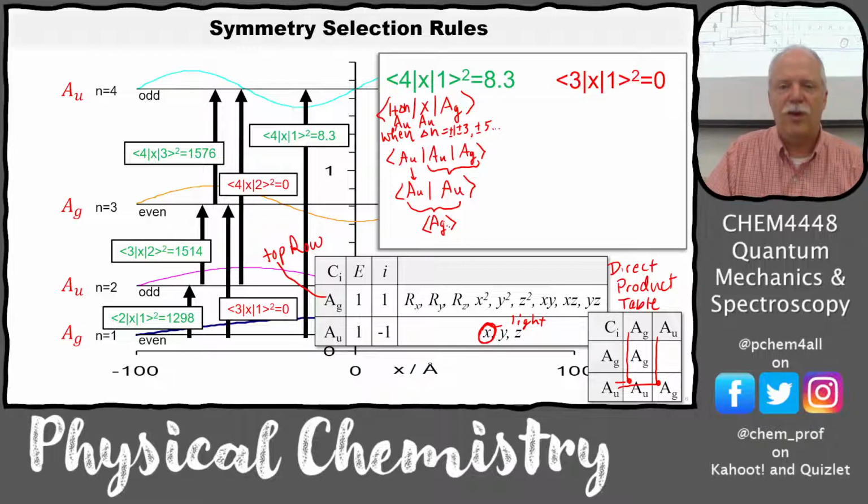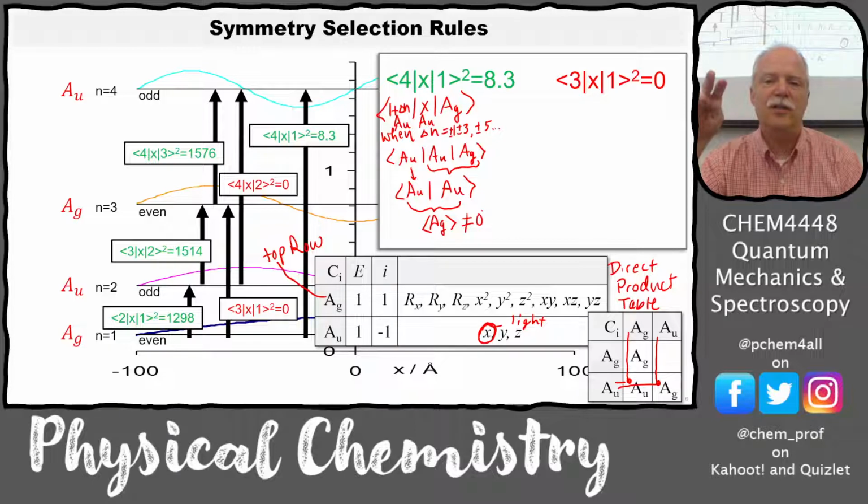So an integral over all space of a wave function or integrand that is top row is not equal to 0. So I've just solved for the selection rules, or shown that delta n plus or minus 1, 3, 5, 7, all of those are allowed by symmetry.